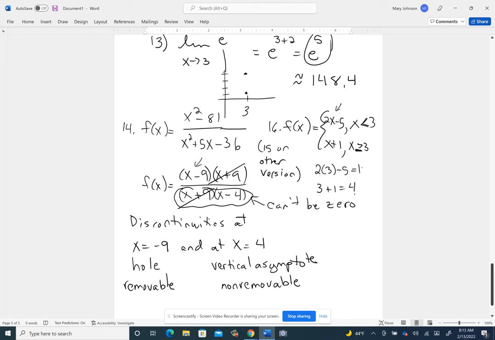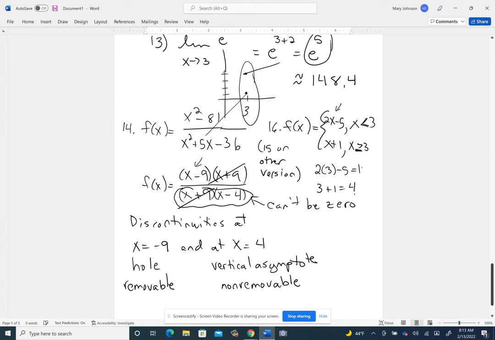The 2x minus 5 one, that would wind up being a line that would do something like this. Okay, you didn't need to know how to graph it. You just needed to understand that critical spot right there was what you needed to worry about. Okay, and then the x plus 1 rule would have been something like that.